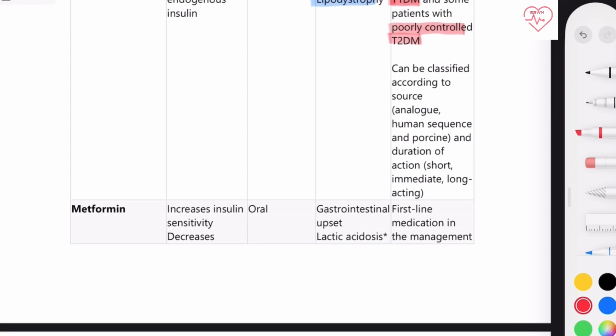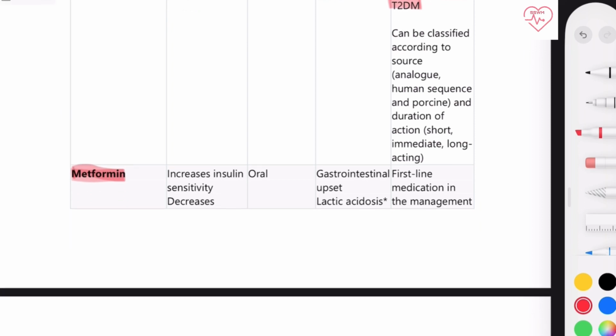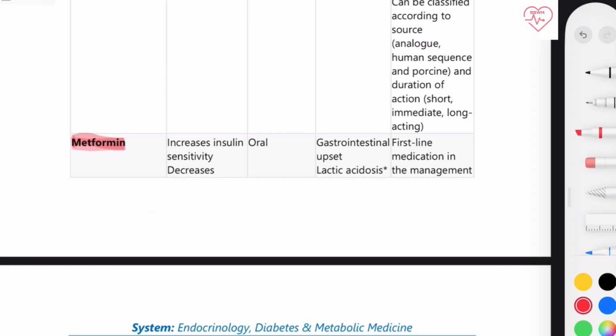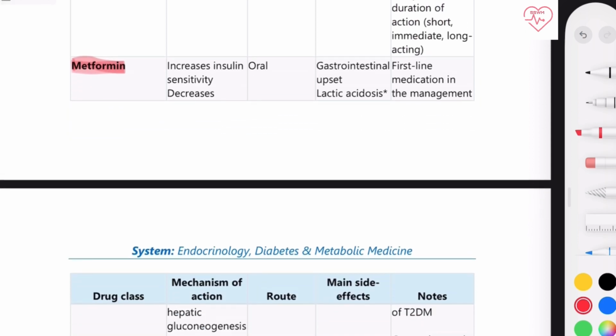Now let's come to the metformin. This will increase insulin sensitivity and decrease hepatic gluconeogenesis. The route of this is oral, right? There are some side effects, that is gastrointestinal upset, GI upset and lactic acidosis.